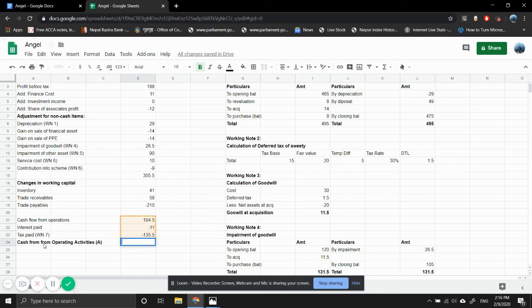Why is this function not working? Plus this plus this, 48, right? And then cash flow from investing activities.